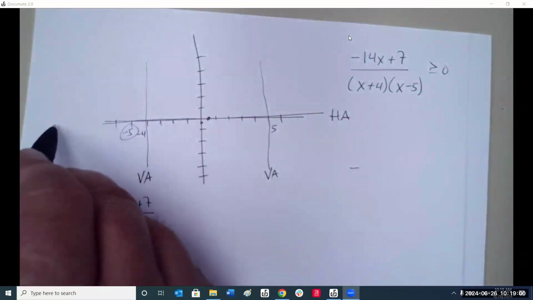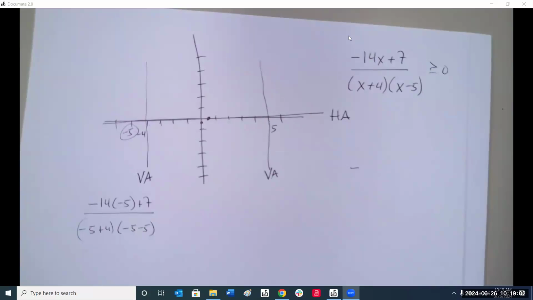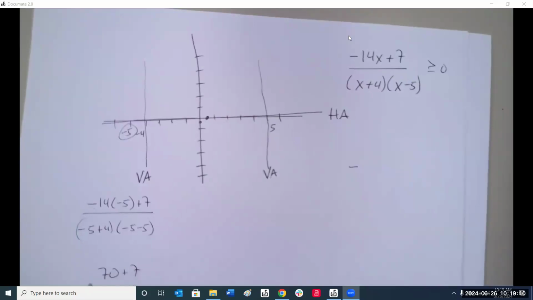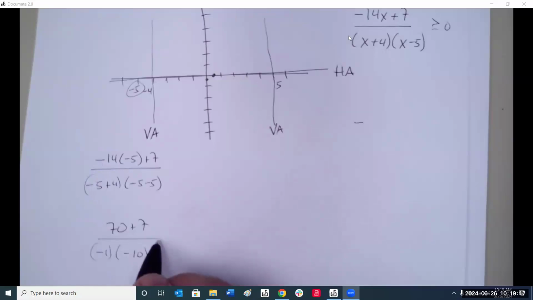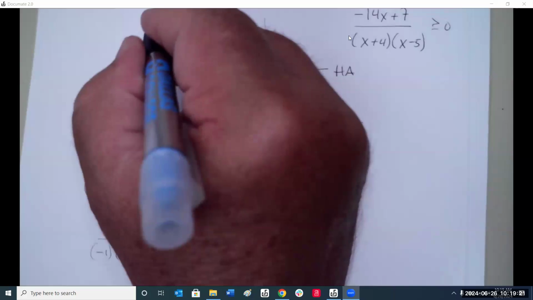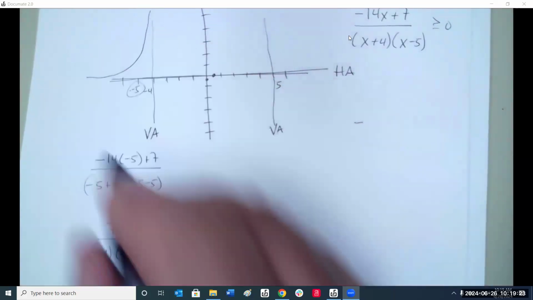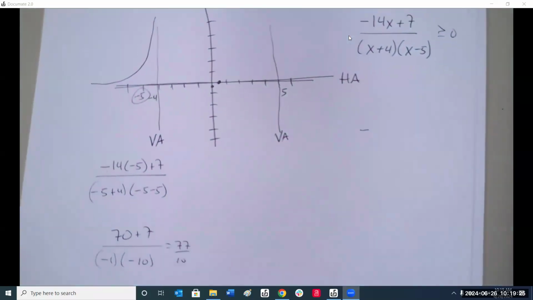If it's negative, we know it's down here. So that's positive 70 plus 7, that's -1 on the bottom times -10 on the bottom. So it's 77 over 10. So we know it's going to be up here since it's positive.